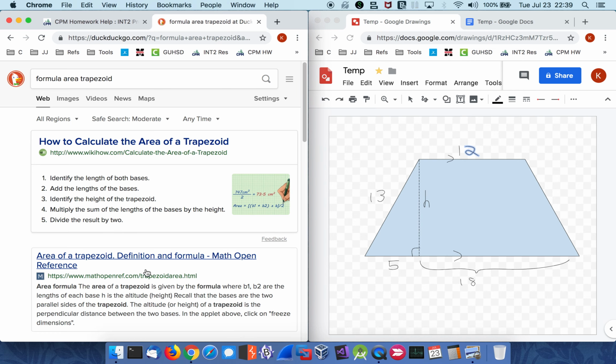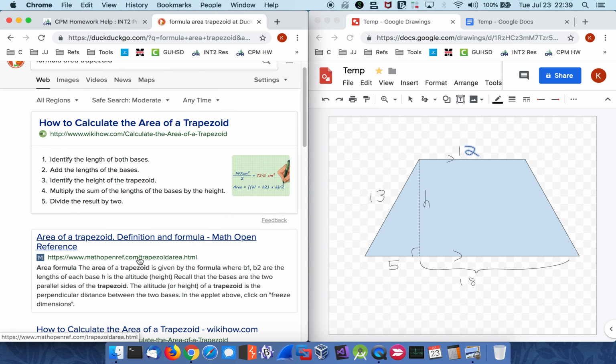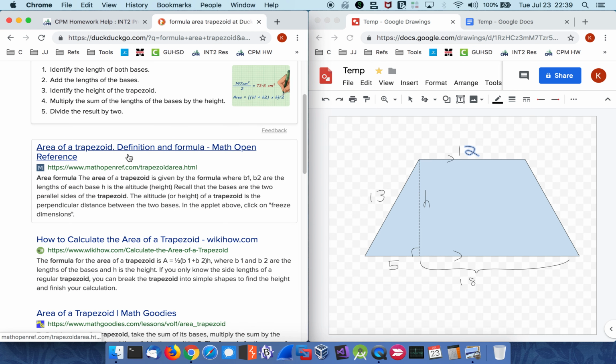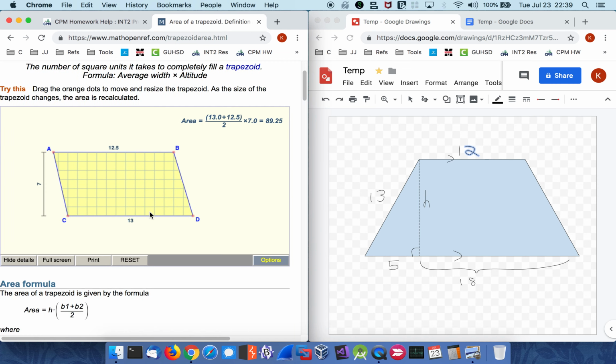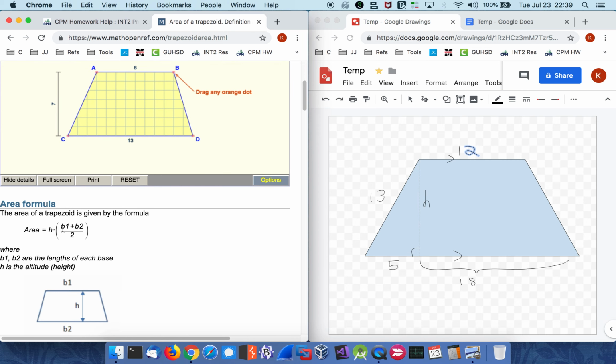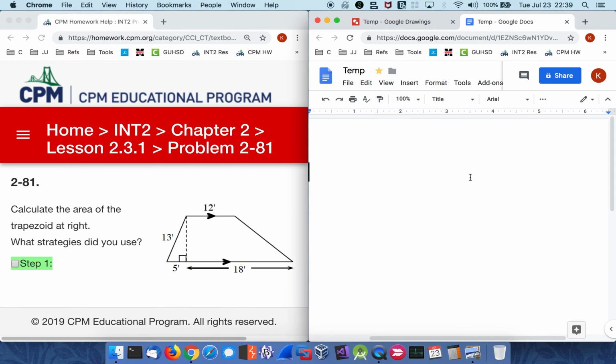There it is, yep. Area of a trapezoid. Looks like we got a couple different options. Let's make sure they look about the same. It is 1/2 of base 1 plus base 2 times the height. Cool.